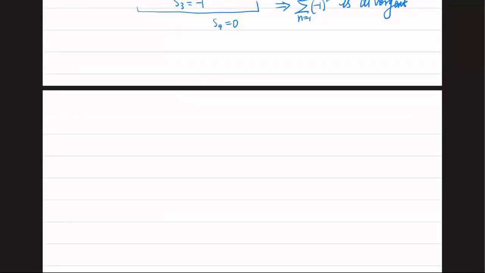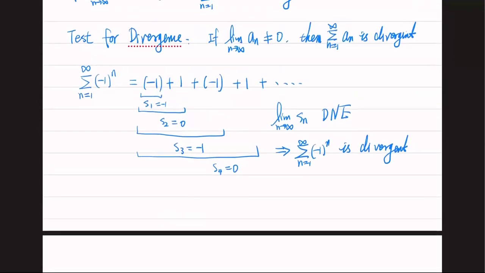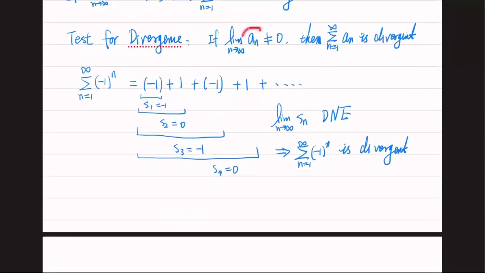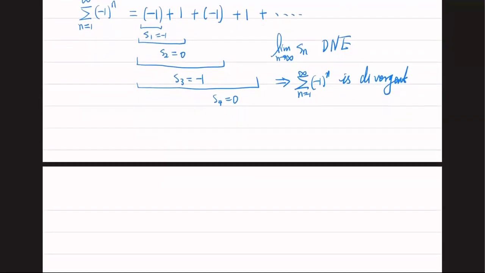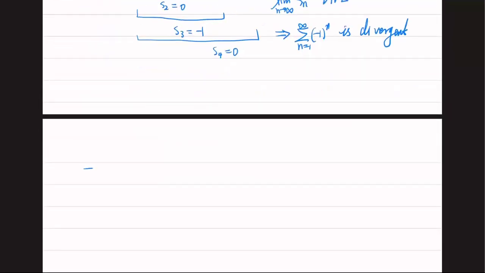But in some cases, this test is not good enough. The entries may have limit 0. Is the series divergent or not? We are not sure. This series, okay, have you seen it before? There's a name for it.